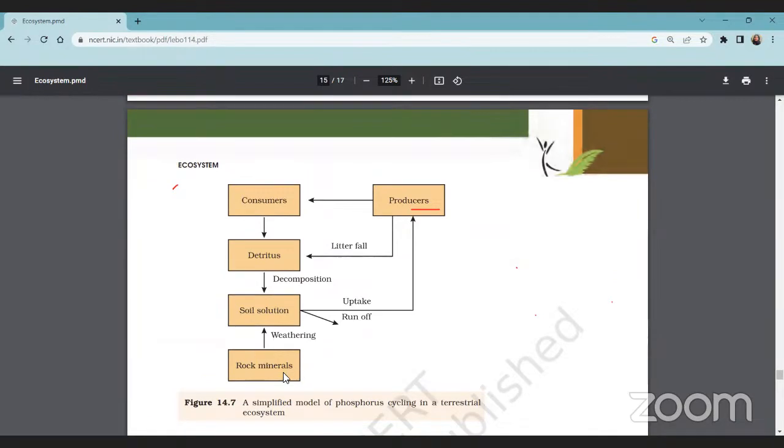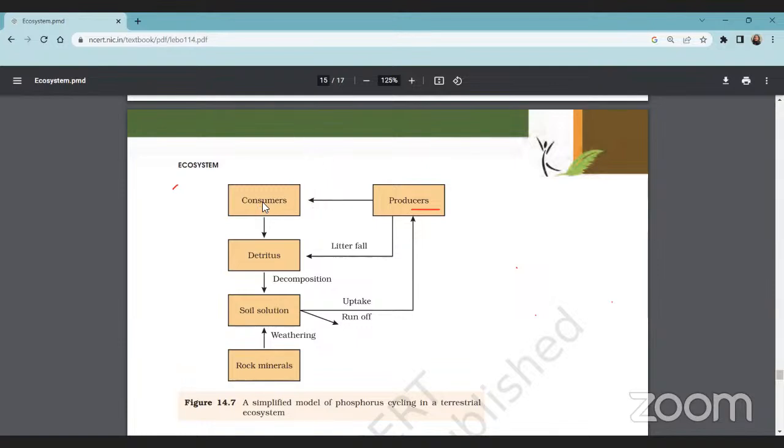And in phosphorus, rock minerals are weathered, meaning they are divided into small particles that mix in the soil. From that soil the plant producers take up phosphorus, utilize it, and pass it to the consumers, mainly herbivores, which eat the plants.